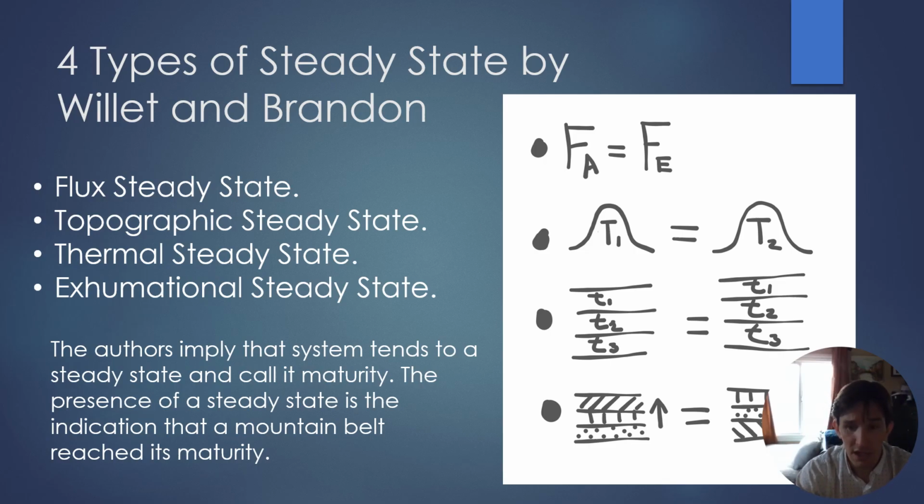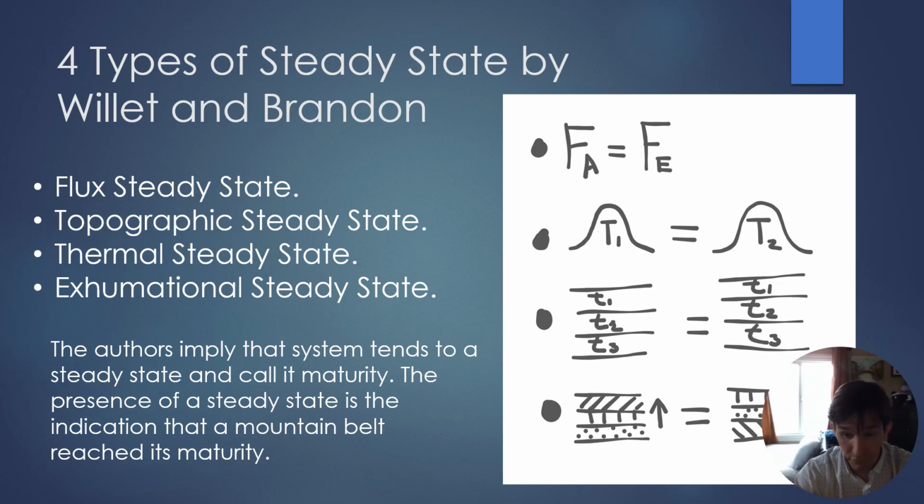And this is an important concept for the next one, and that is exhumational steady state. And that is in a way tied to all the previous ones, that we have different strata that have been uplifted and eroded, and the rate at which it happens, this is called exhumation, can also reach this steady state.